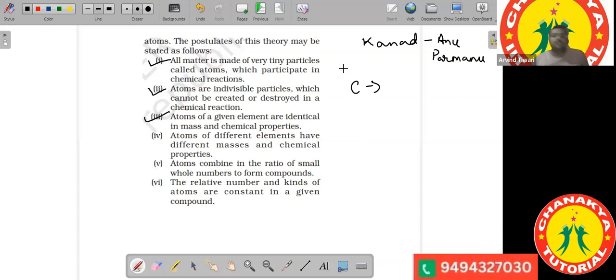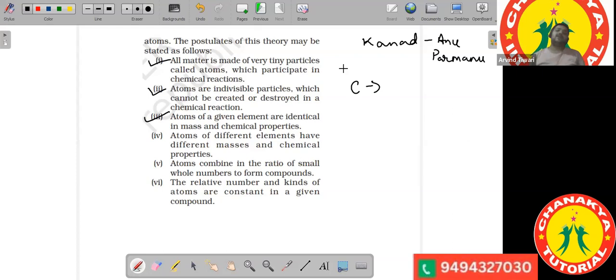But this point was also proved false later on with the discovery of isotopes. Here, atoms of a given element are identical in mass and chemical properties.